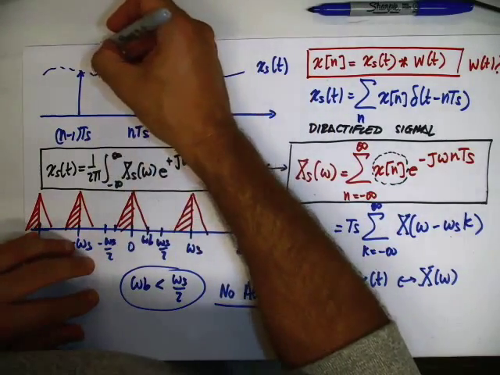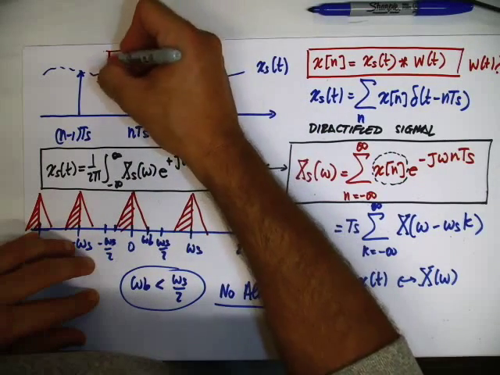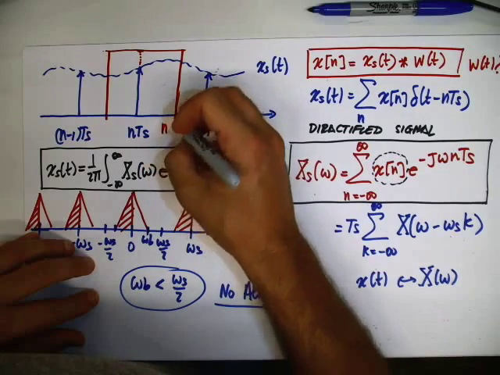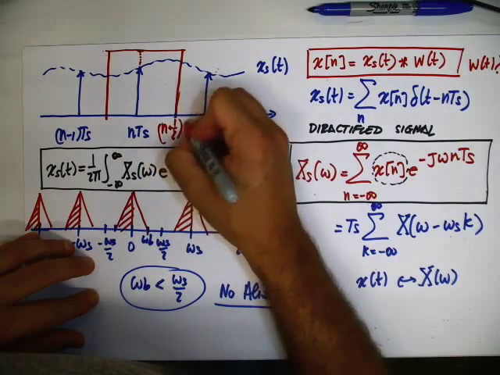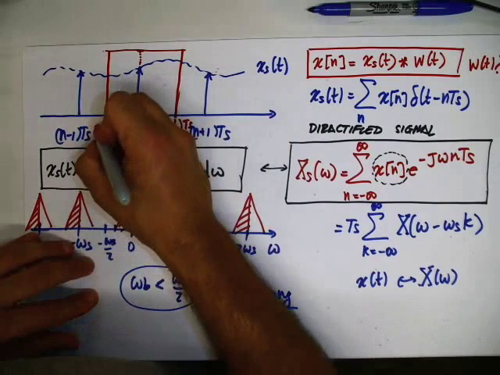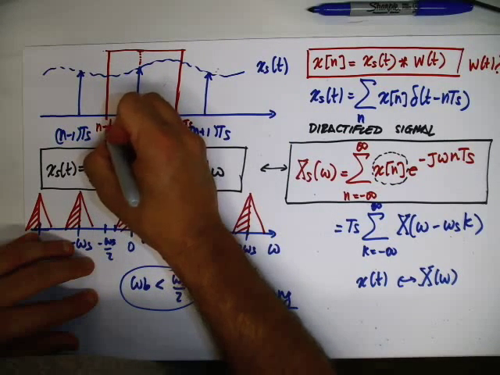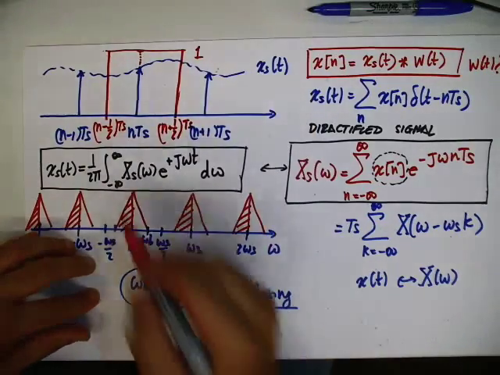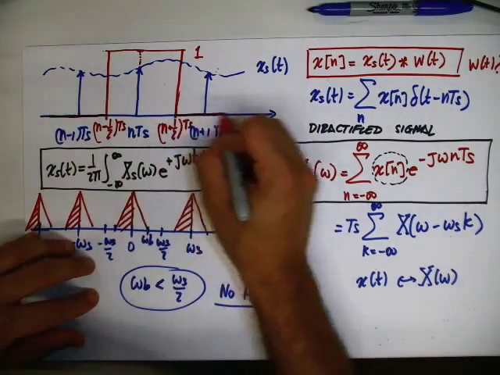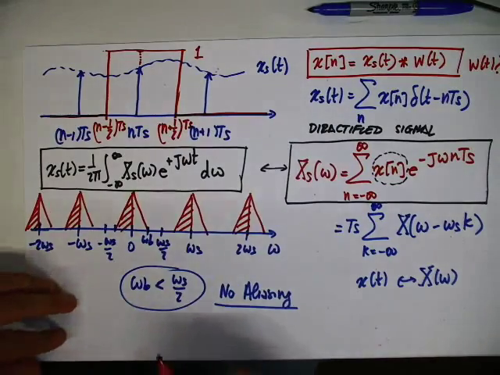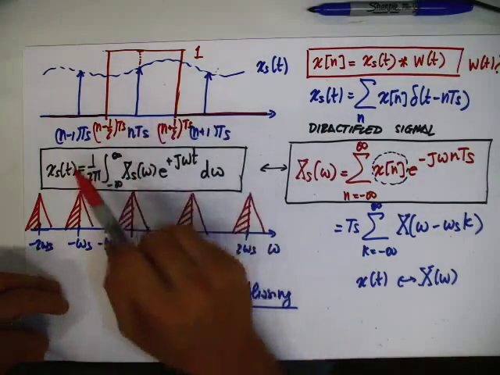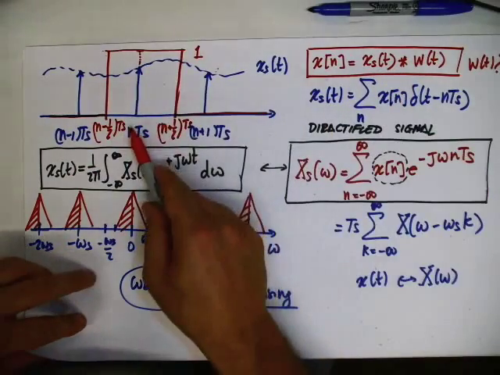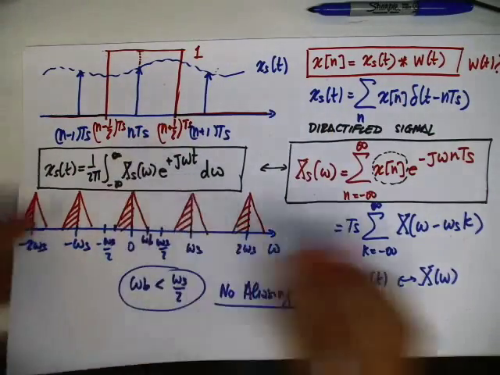For example, one of these windows is this: between (n minus 1/2)Ts and (n plus 1/2)Ts, and then equal to 1. Well, this window does the job, okay? Because I can immediately recover, I can sample the value basically at nTs indeed.